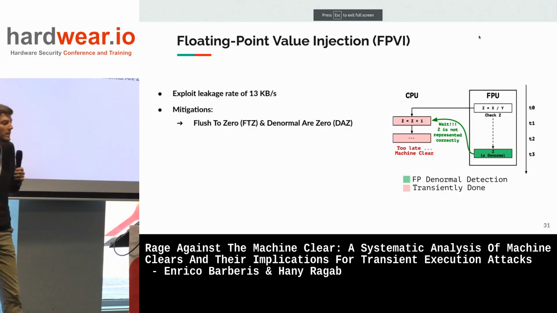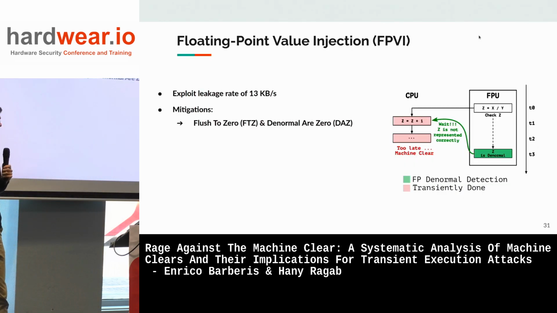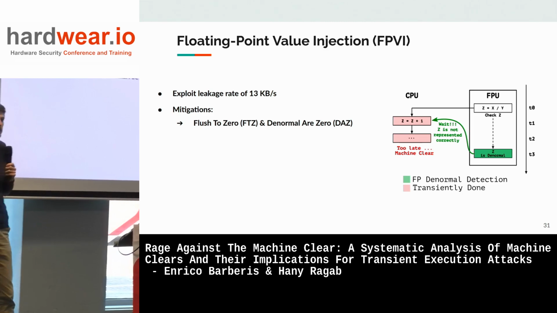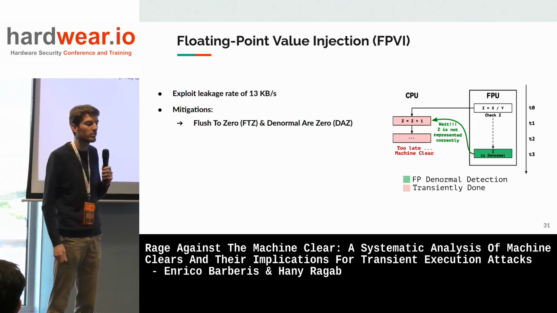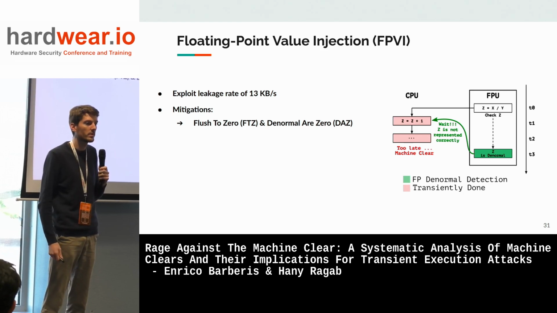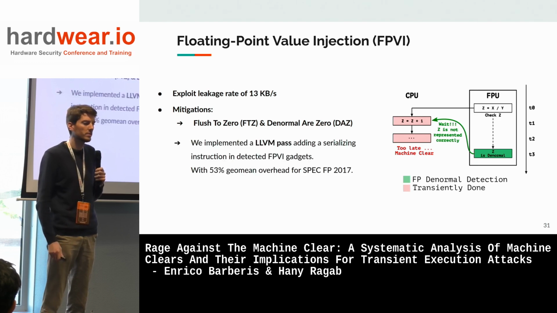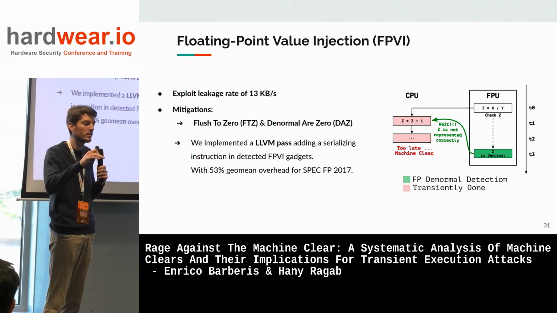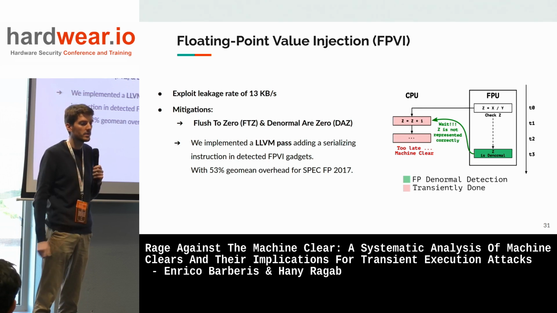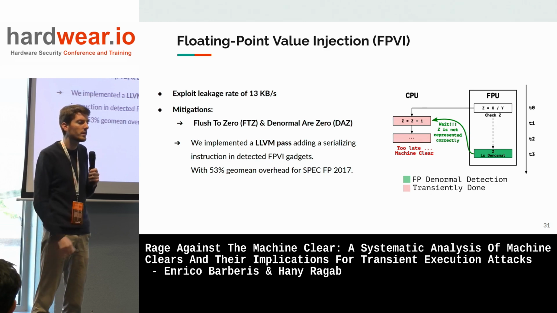Okay, so what about the mitigation? The obvious one is to disable this subnormal representation. But people don't like this solution because there is actually software relying on this special representation of floating point numbers. We also implemented a compiler pass to kill the speculative window when we detect this type of gadget, and we get a 53% overhead.